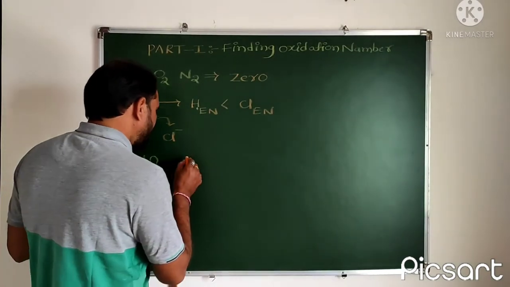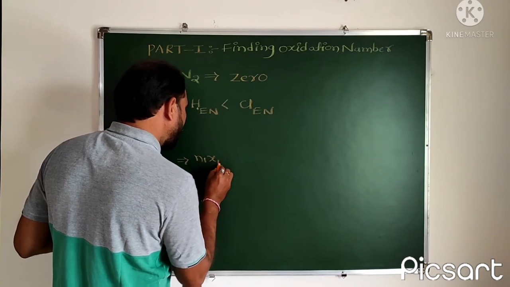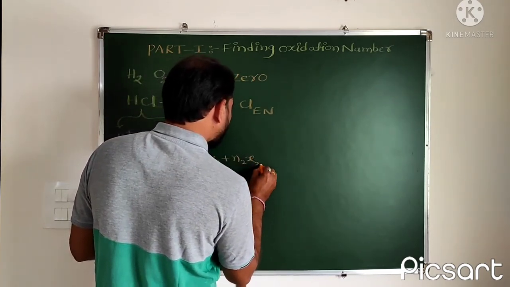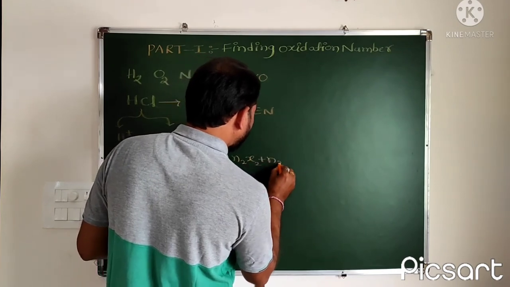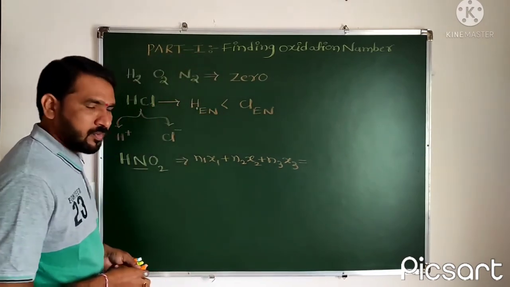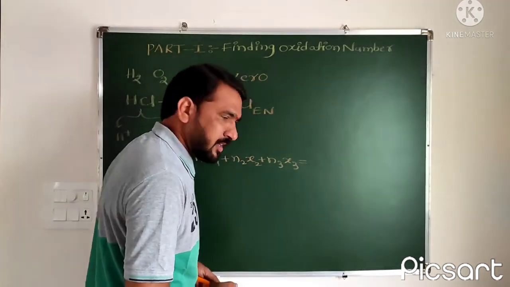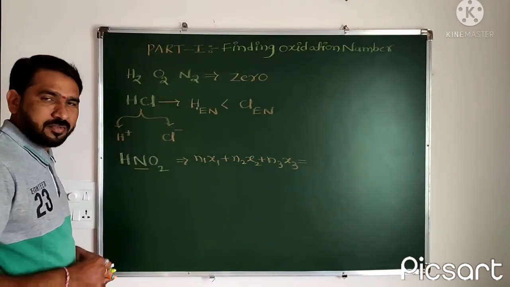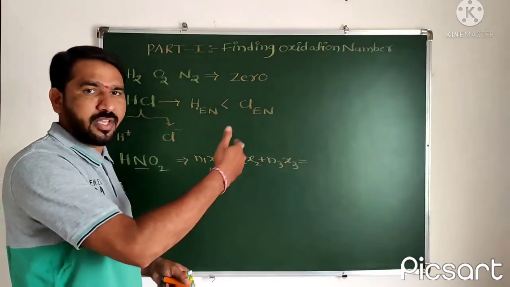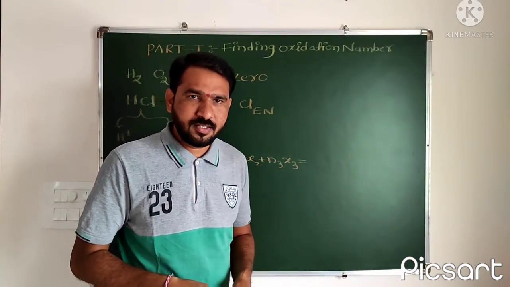So the formula is N1X1 plus N2X2 plus N3X3 is equal to. Why are we taking only N1X1, N2X2, N3X3? Because 3 types of atoms are there in the molecule. If 4 types of atoms are there, we need to extend the formula like N4X4, like that. Is it clear?